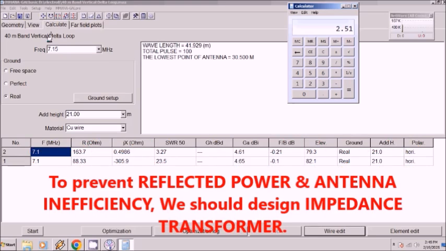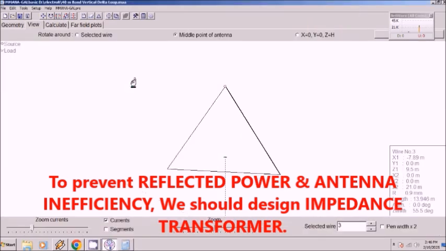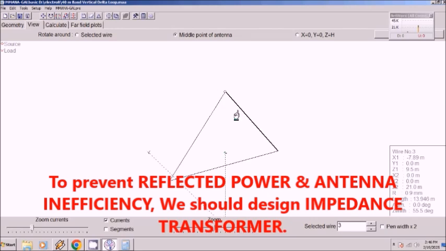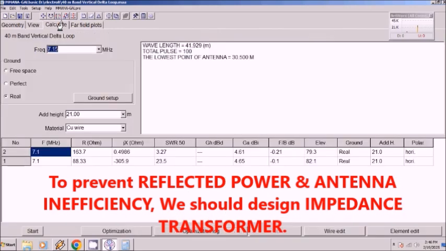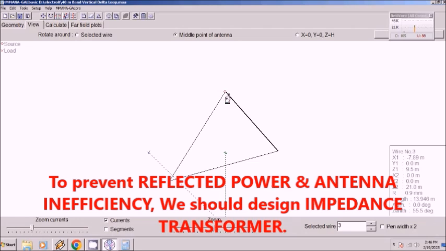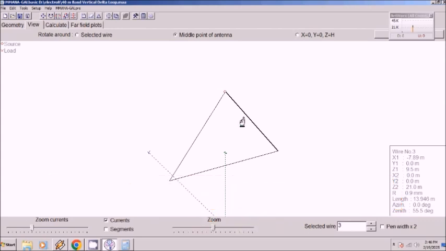The impedance transformer will transform the resistance of 163.7 at the feed point of the antenna to 50 ohms of the commonly used coaxial cable, which runs from the feed point to the transmitter.